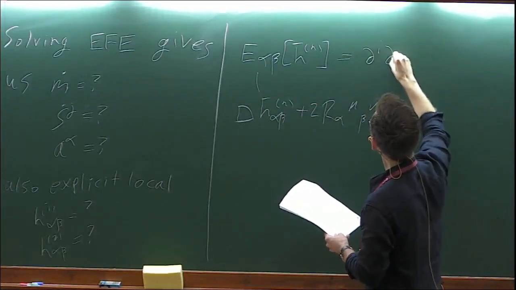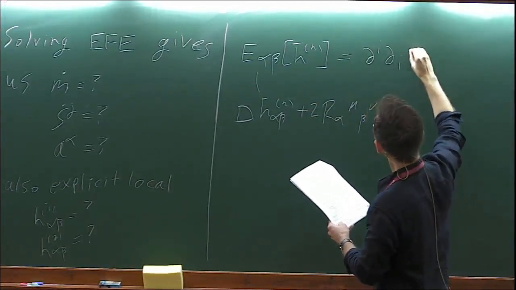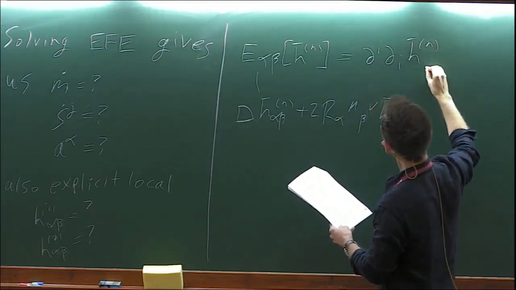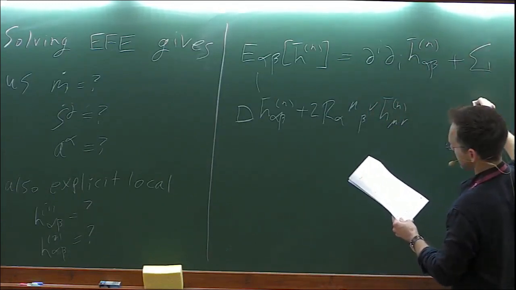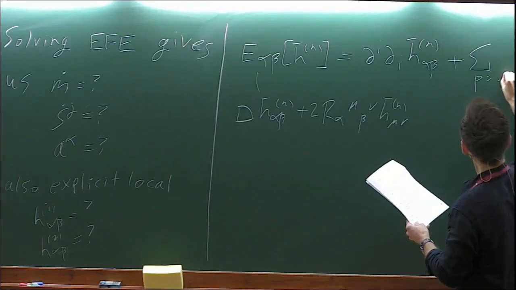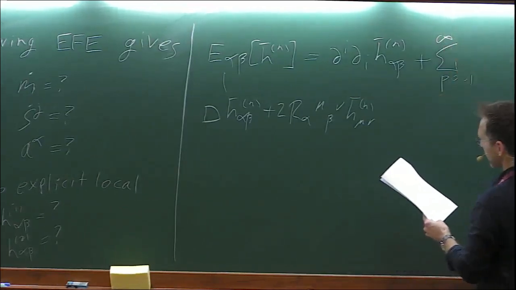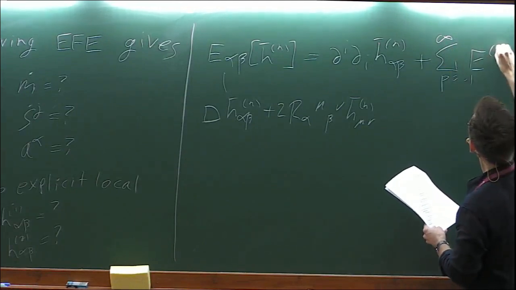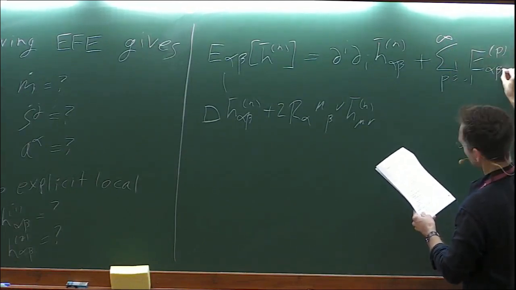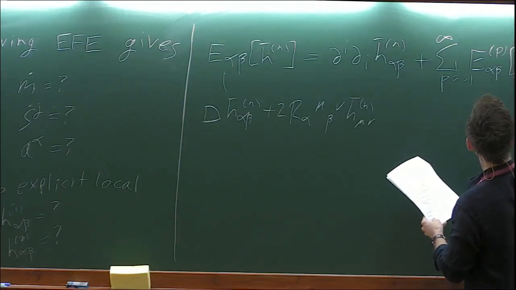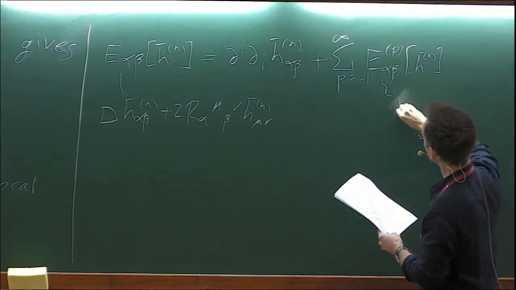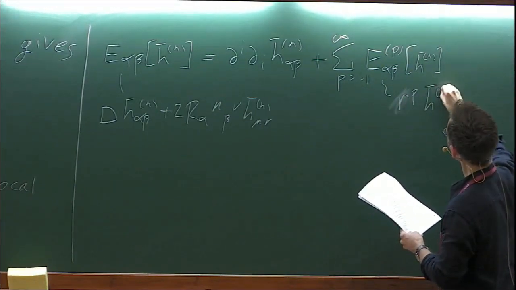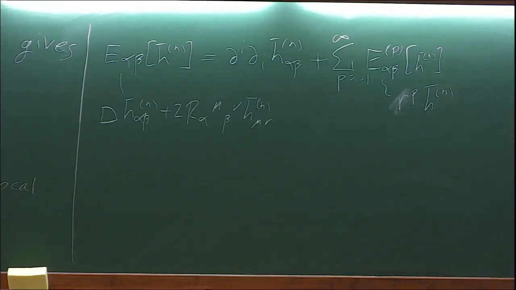And we'd found that it was at leading order in distance just a flat space Laplacian operator, and then a sum over higher order terms that are higher order in R. So this is proportional to, or of the order R to the P times h bar n. Okay, so as I said last time, this is going to lead to a sequence of Poisson equations.